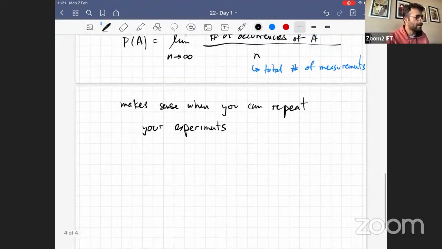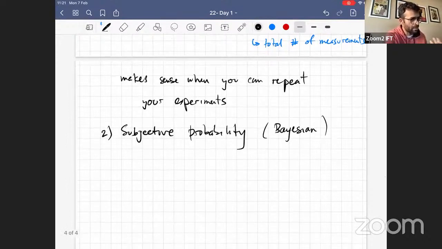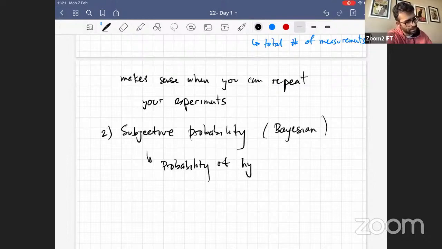And that's why there is this second approach to probability, which is a subjective probability, which is nothing but the Bayesian approach. And here, what we are actually saying is we talk about the probabilities of some hypothesis, probability of some hypothesis.